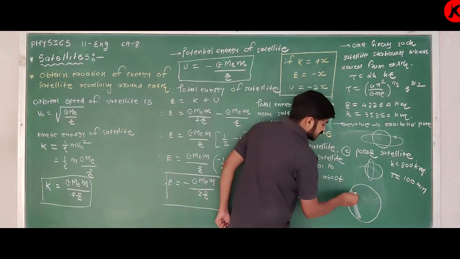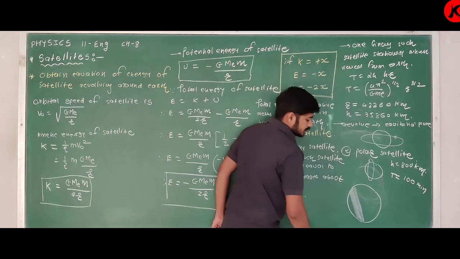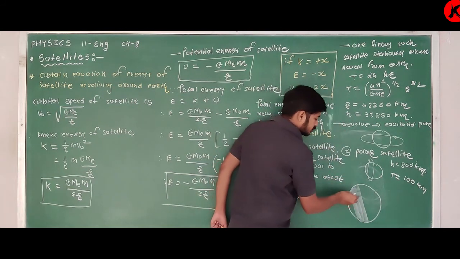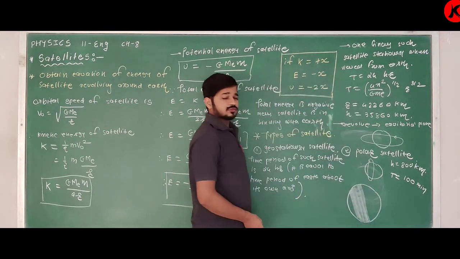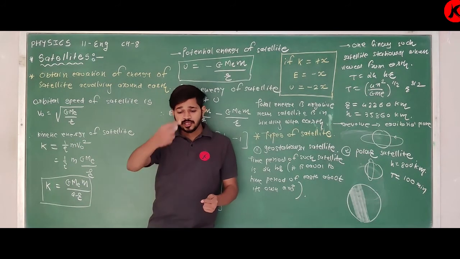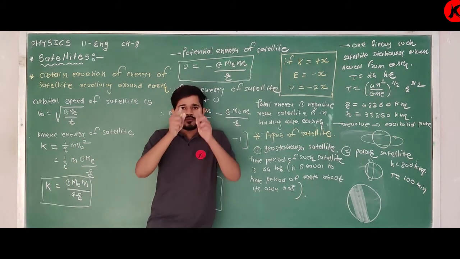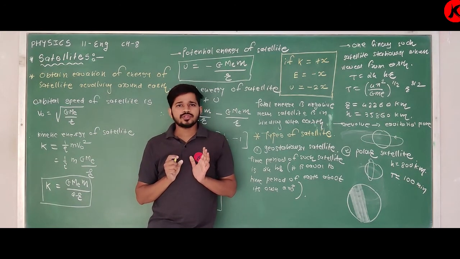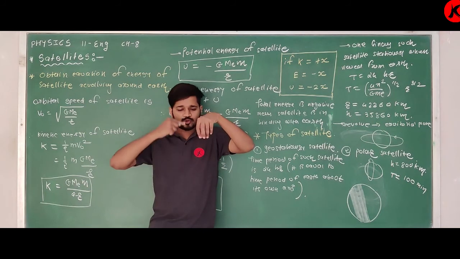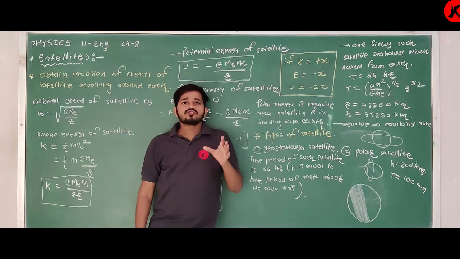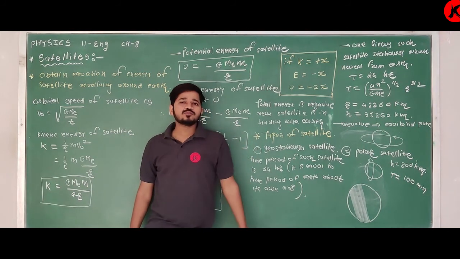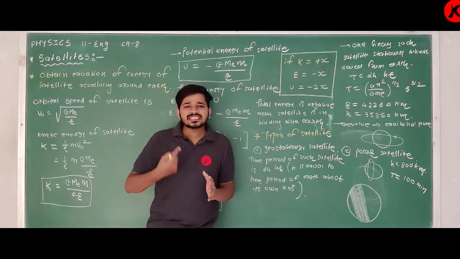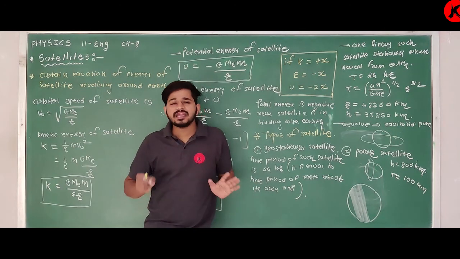Then during the second rotation, it will cover another portion, and during the next rotation, the next portion. So during one revolution it covers only a part of Earth. Earth is rotating and polar satellites are also rotating, so during their entire motion, they can scan Earth a number of times.